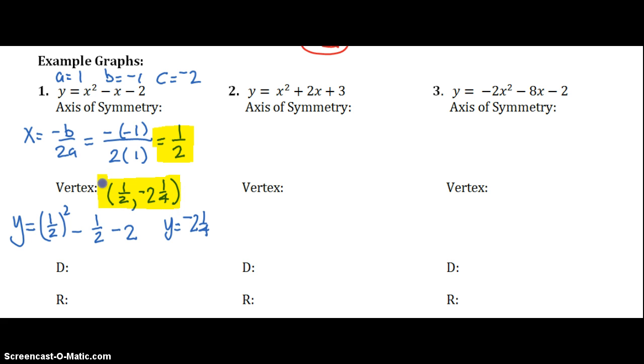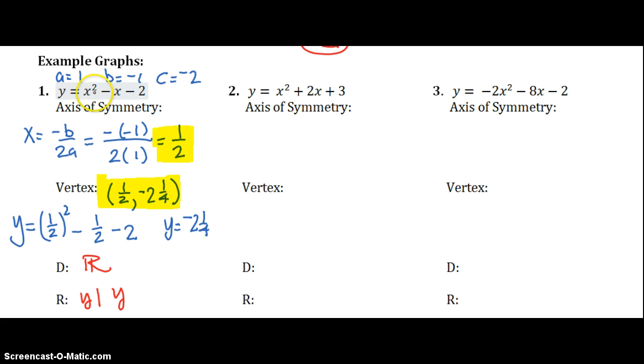And now I need to state my domain and my range. Well, on all parabolas, your domain is going to be all real numbers. Your range is going to be y, such that y, and in this case, it's positive.